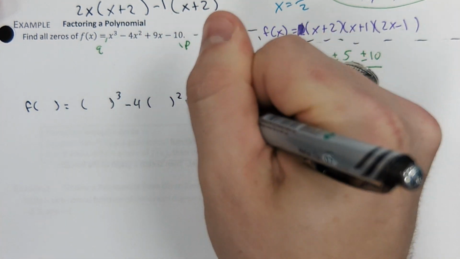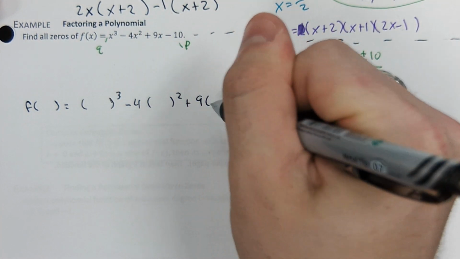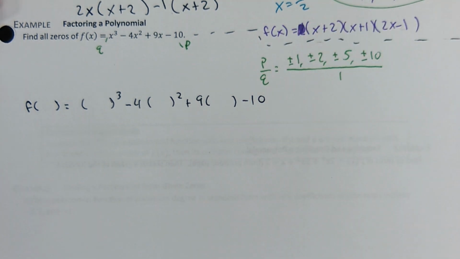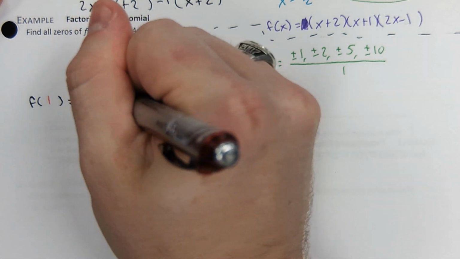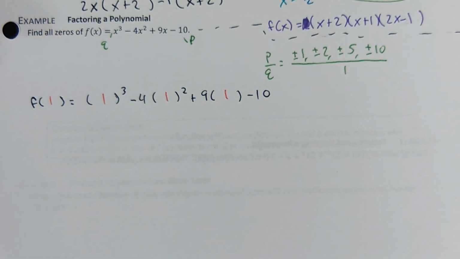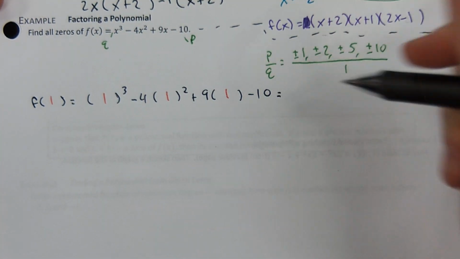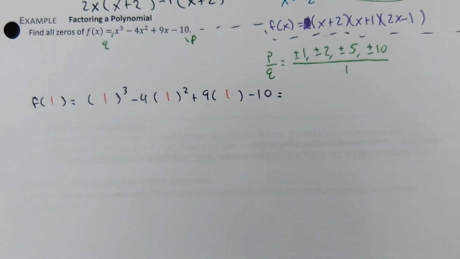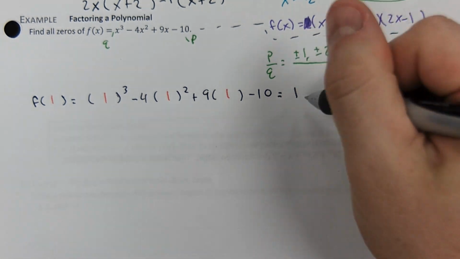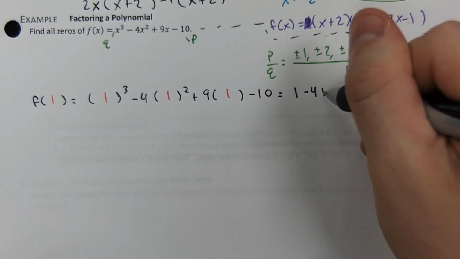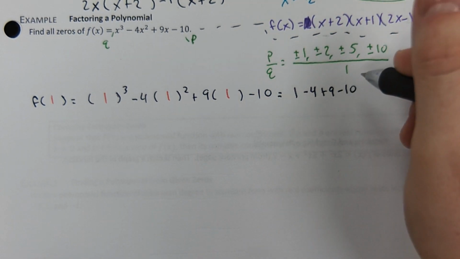Here I'm just writing out my polynomial with parentheses everywhere I'm going to substitute in a number. Come on, positive 1. Because if that works, it's an easy question. 1 cubed is 1. Negative 4 times 1 is negative 4. 9 times 1 is 9, and then minus 10.